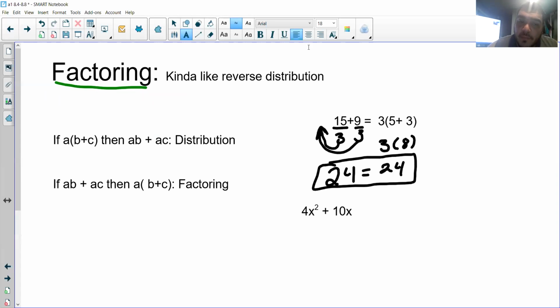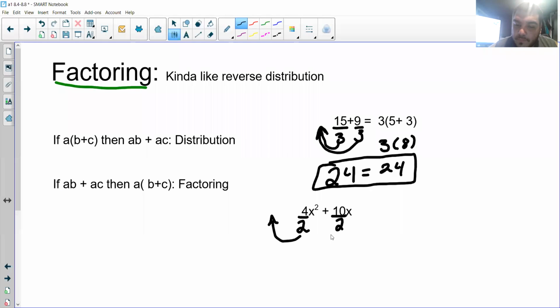First, let's talk about the numbers. What is in common between the 4 and the 10? 2. So we're going to factor out a 2. Next, what's in common between x squared and an x? You have 2 x's here. You have 1 x here, which means you have 1 x in common.